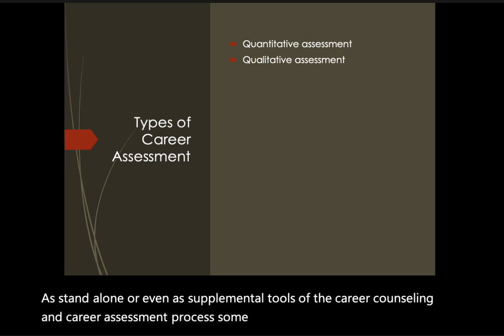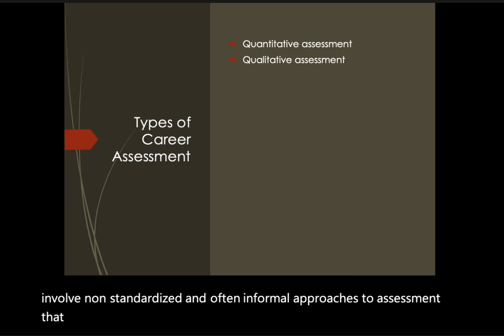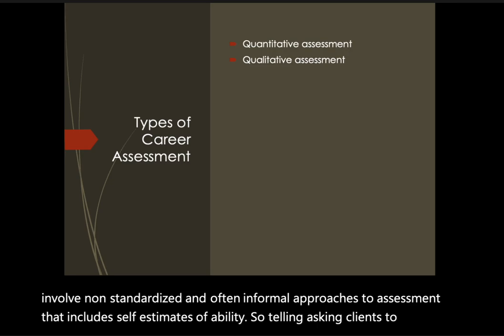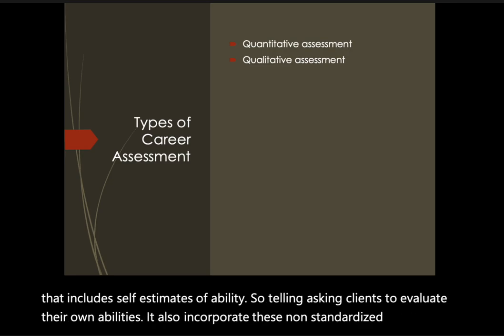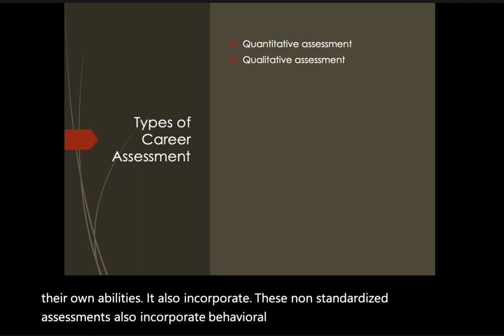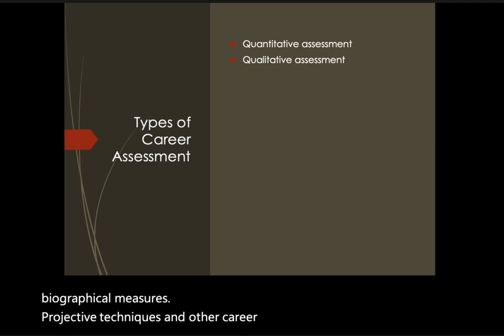Some of these qualitative assessments involve non-standardized and often informal approaches to assessment that include self-estimates of abilities, so asking clients to evaluate their own abilities. These non-standardized assessments also incorporate behavioral observations, interviews, biographical measures, projective techniques, and other career-related activities.